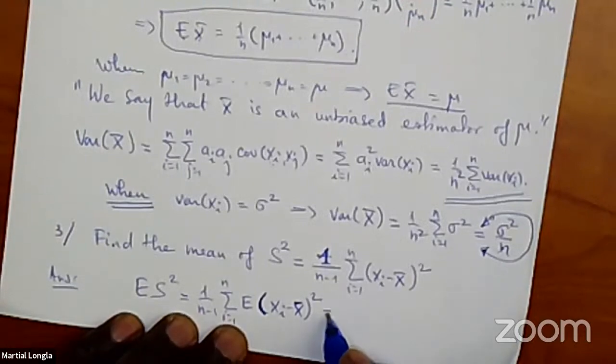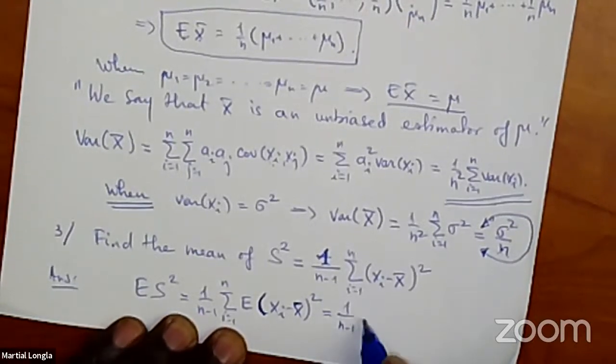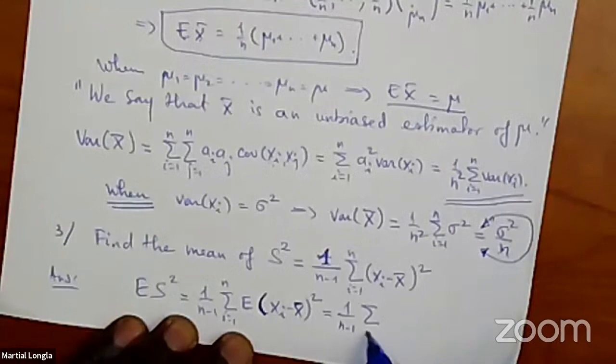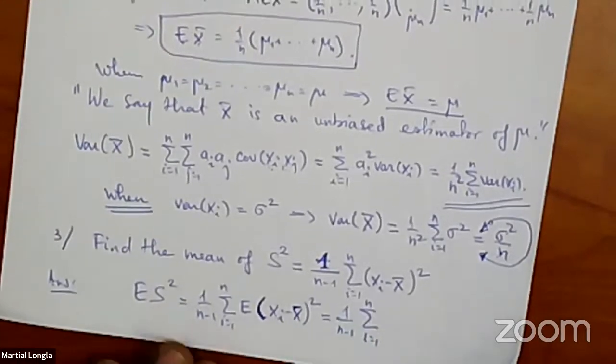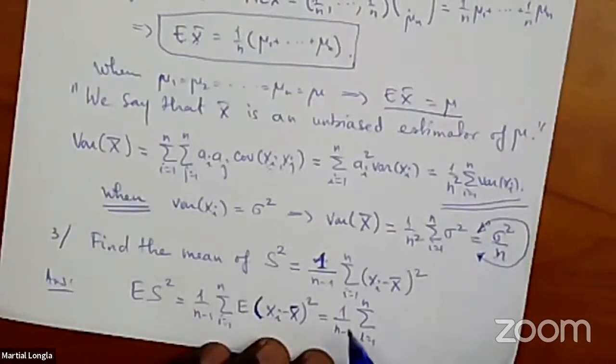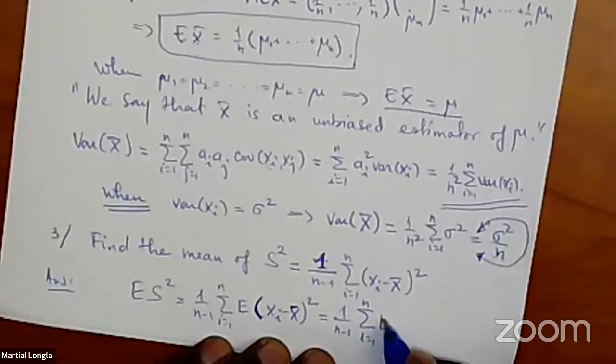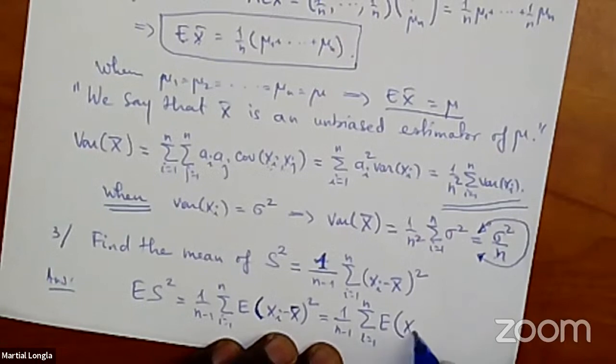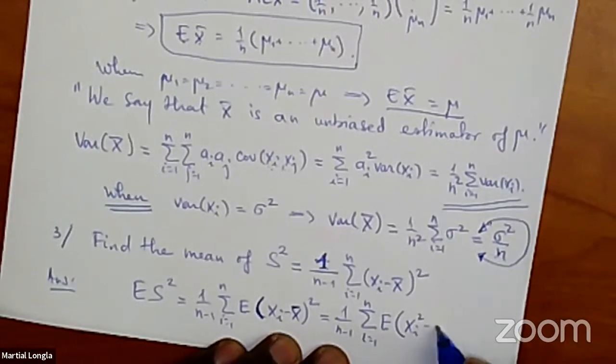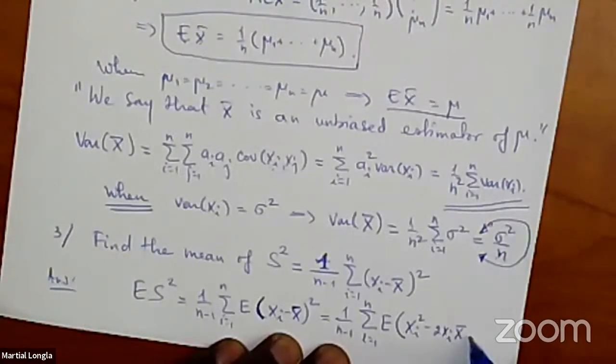So let's do that. So it's 1 over n minus 1, from 1 through n. When you open the parentheses here, you're going to have the expected value of xi squared minus 2xi x bar plus x bar squared.